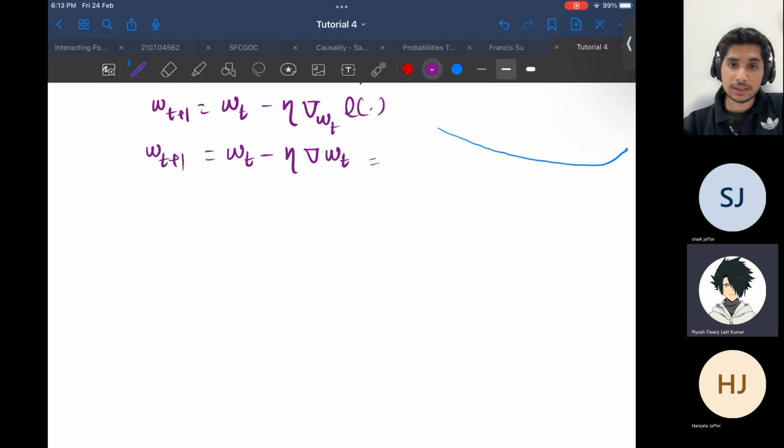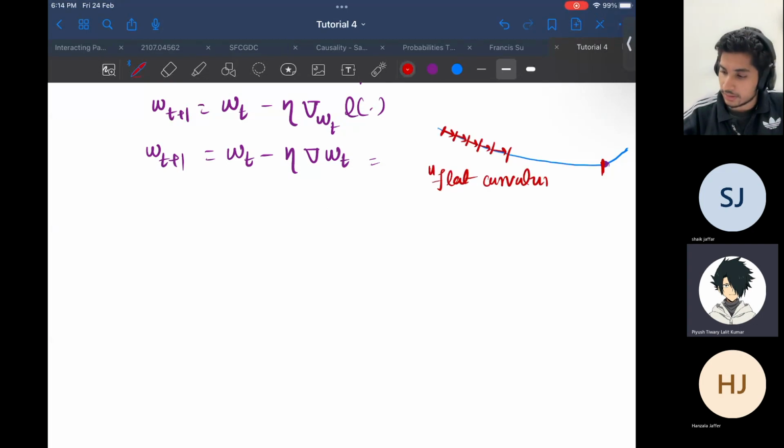The issue with these methods, vanilla gradient descent in particular, is that the gradients here are very small. It will take a lot of time and steps to actually go towards the minima which is present here. What is this called? Flat curvature. So this is the problem with vanilla gradient descent.